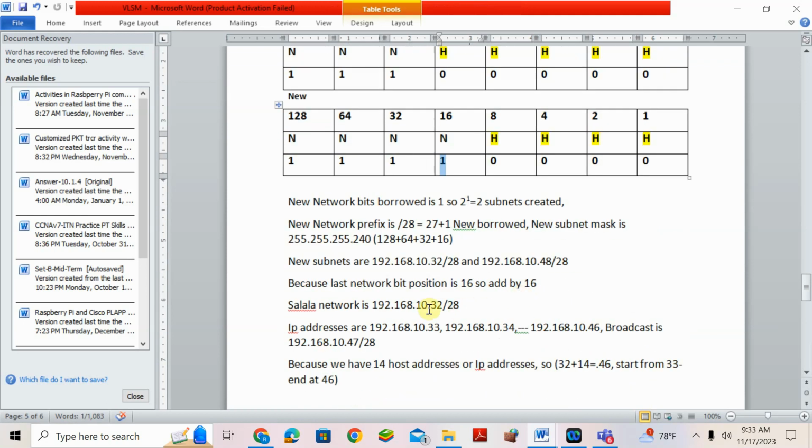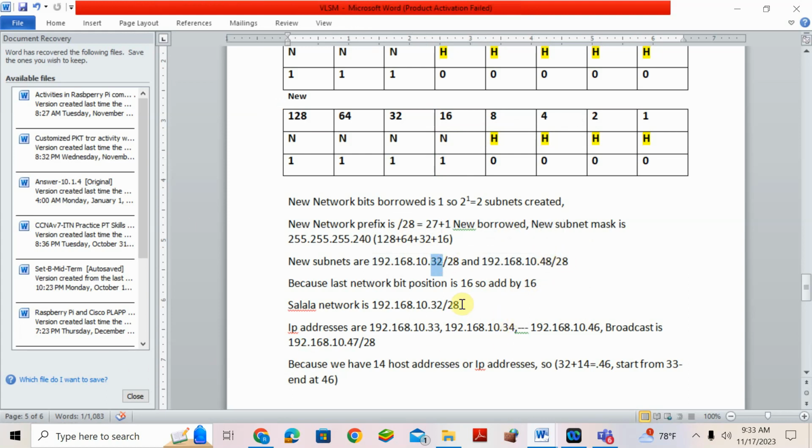So the first one will be 192.168.10.32/28, now it is 28, 27 plus 1. The next will be 32 plus 16, which is 48. New subnets are 32/28 and 48/28, because the last network bit value is 16. So add 16: 32 plus 16, 48 is the next network.